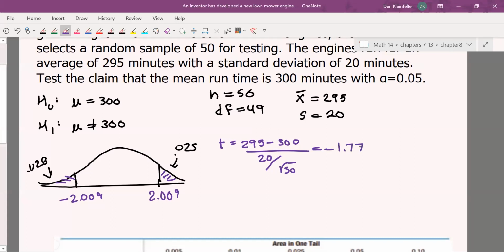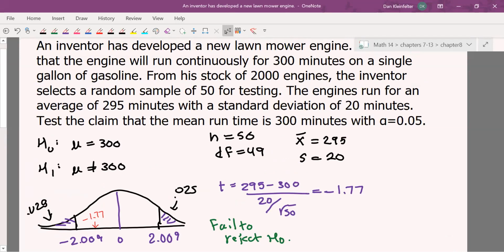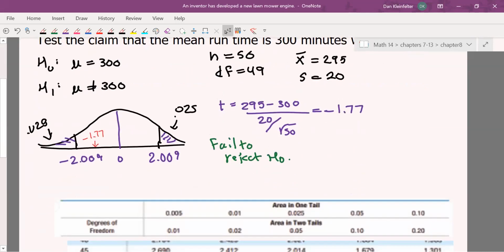So negative 1.77, that is below the mean, but it is not so low as to be below the negative 2.009. So based on this, we'll fail to reject our null hypothesis. So what that means is the claim was that it was 300 minutes and our sample did run 295 minutes, but at an alpha level of 0.05, we can go ahead and attribute that to chance, basically.